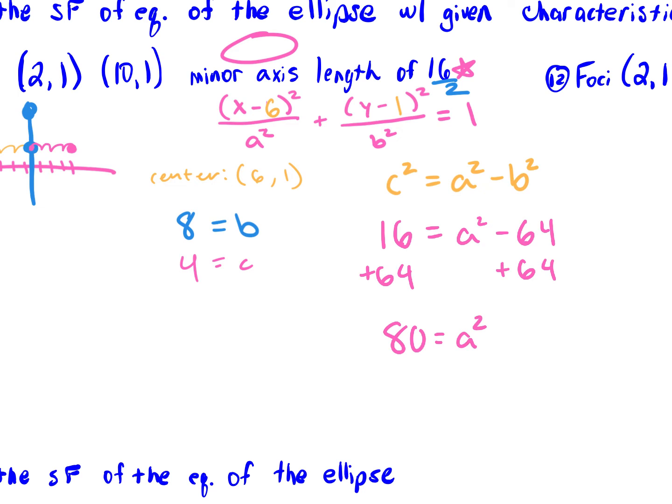In my formula, I just need to plug in A squared, so I don't actually have to take the square root of it. You could if you wanted to find A. You don't have to, because in here we're going to put A squared, which is 80. And then what was my B squared? 64, because I found B is 8, so B squared is 64. So that's my standard form.